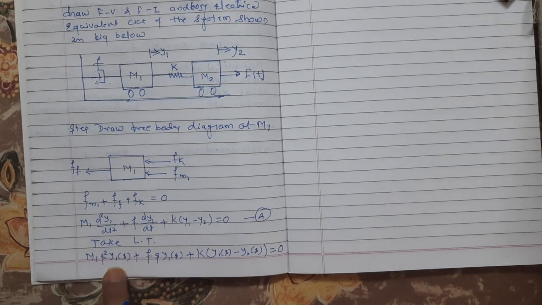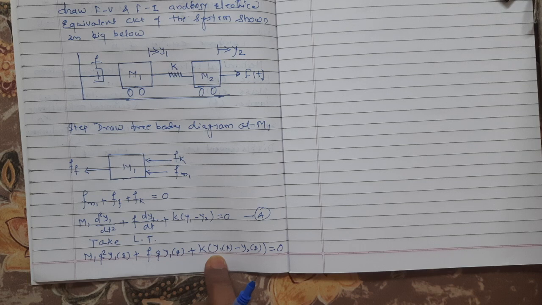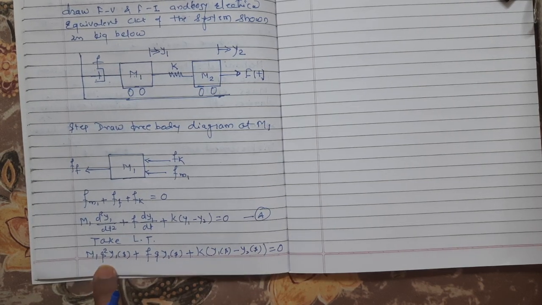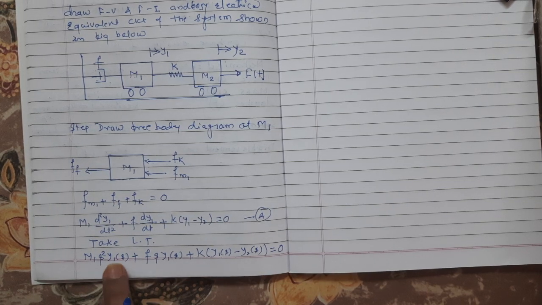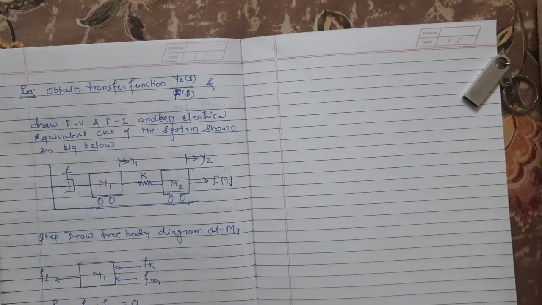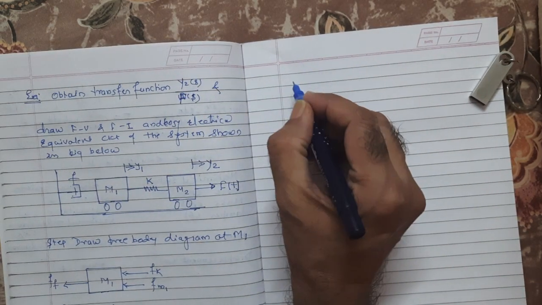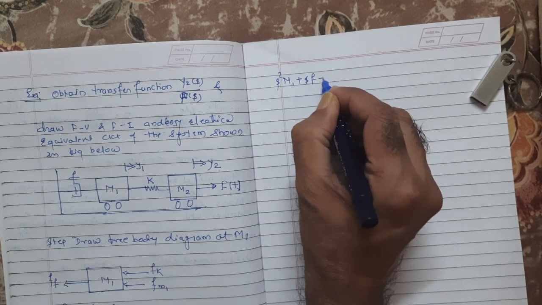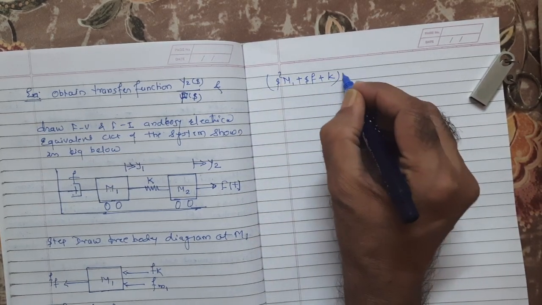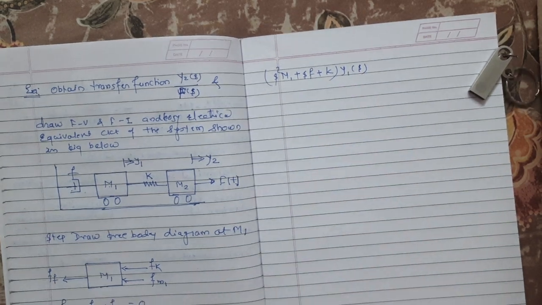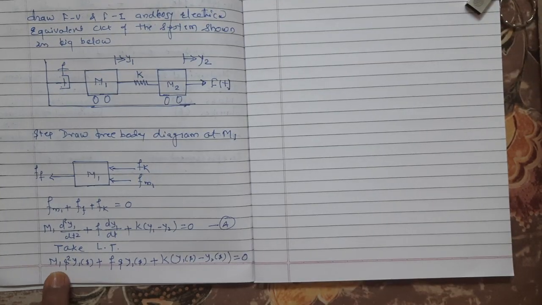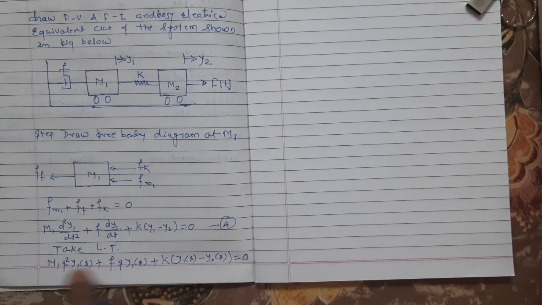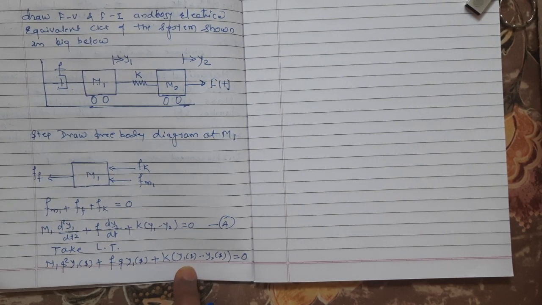Now here this is y1, and this is y1, with plus signs, so we collect the y1 terms together. This becomes m1 s square plus f into s plus k, all in a bracket, multiplied by y1 of s.